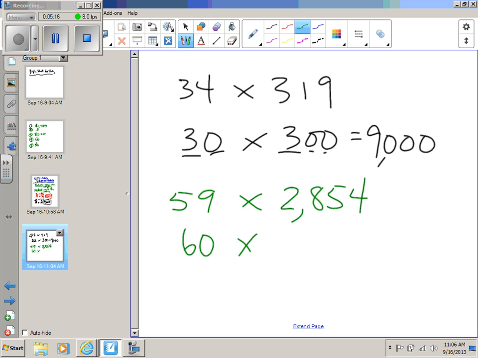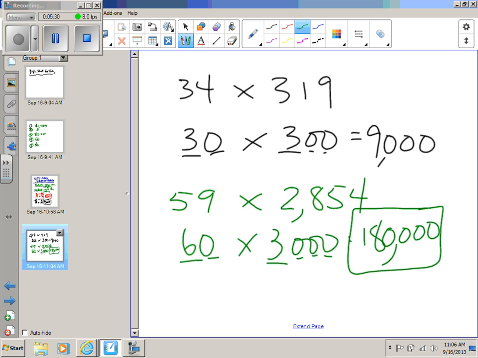And 2,800, Desan? 3,000, very good. So 6 times 3, 18 with 1, 2, 3, 4 zeros. 180,000. How many of you got it? Good. Are we ready to move on? Awesome. Well, not quite yet.